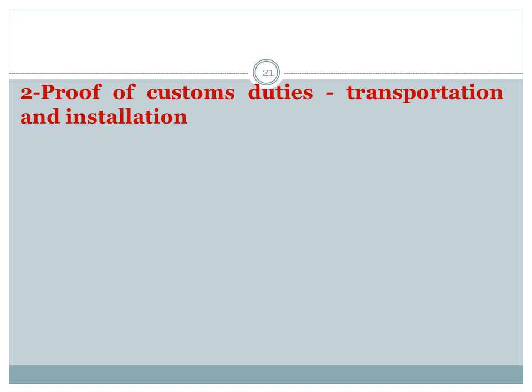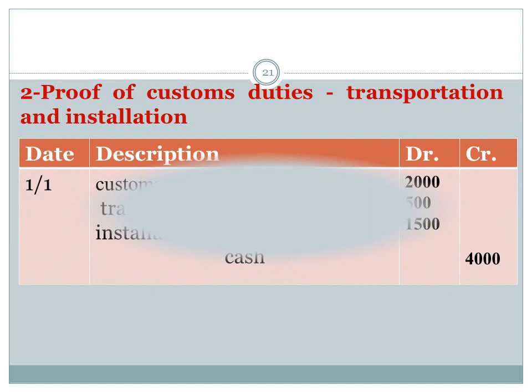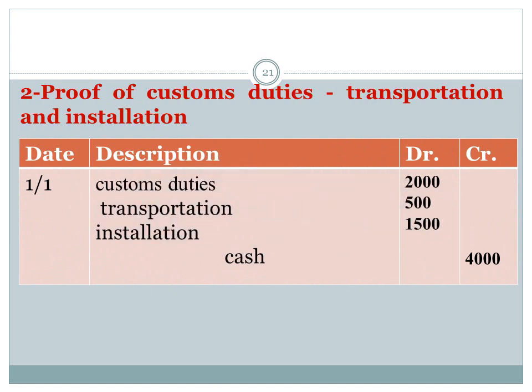Stage number 1, these expenses will be in the debit side, cash will be in the credit side as follows: customs duties 2,000, transportation expenses 500, installation expenses 1,500. These expenses were paid in cash, so cash is decreased, so it will be in the credit side 4,000.